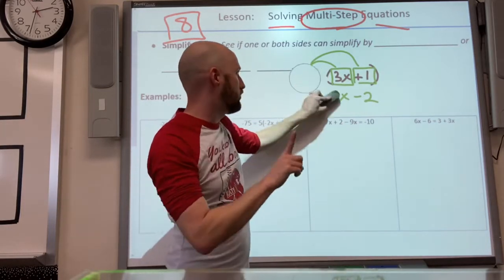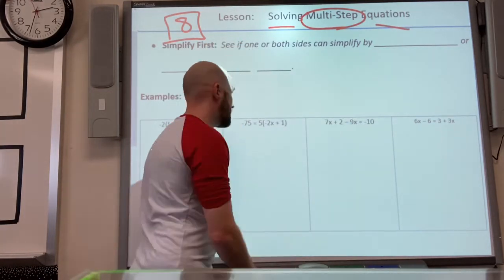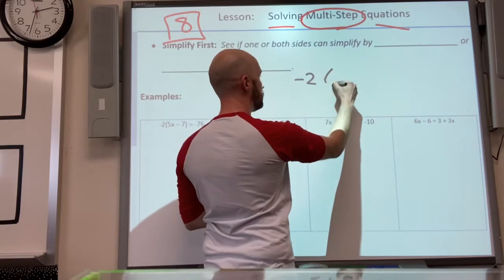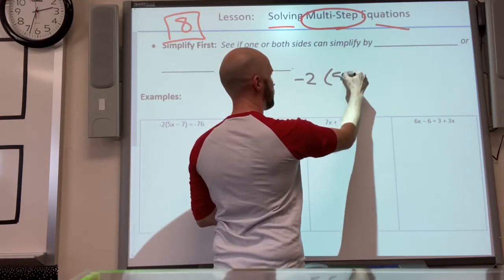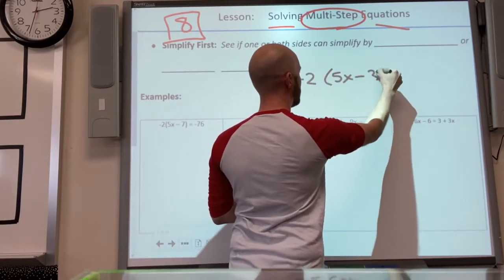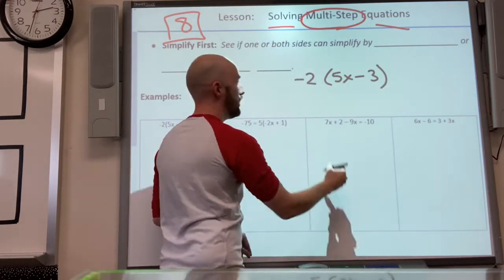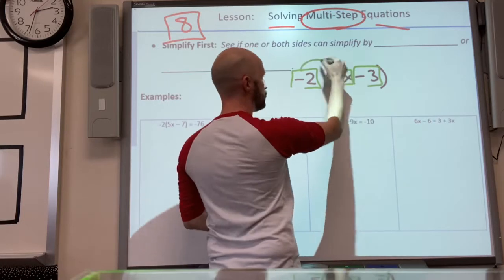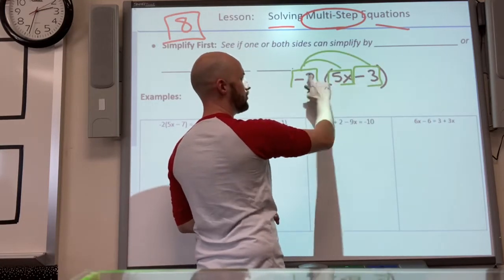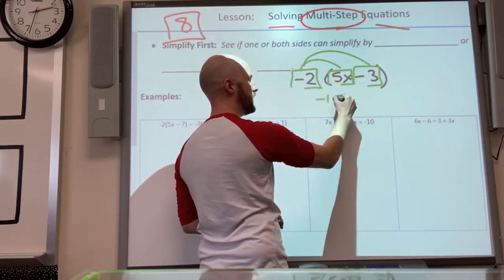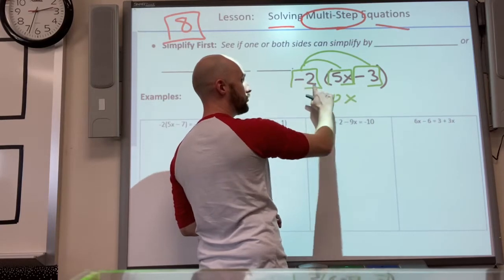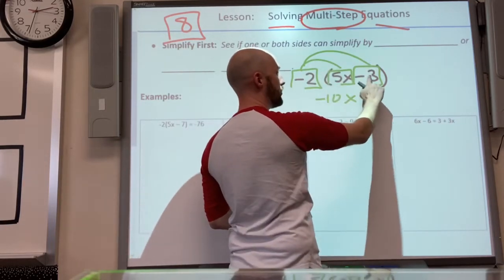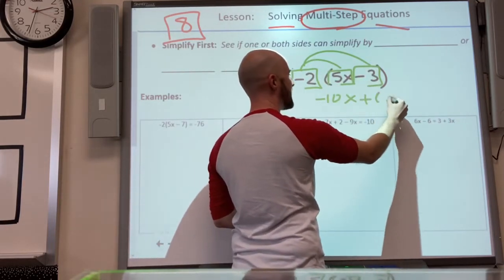Or, one more, okay, uno más, if I have maybe negative 2, 5x minus 3, when I multiply, menos 2 por 5, negative 2 times 5, negative 10x, menos 2 por menos 3, son más 6.